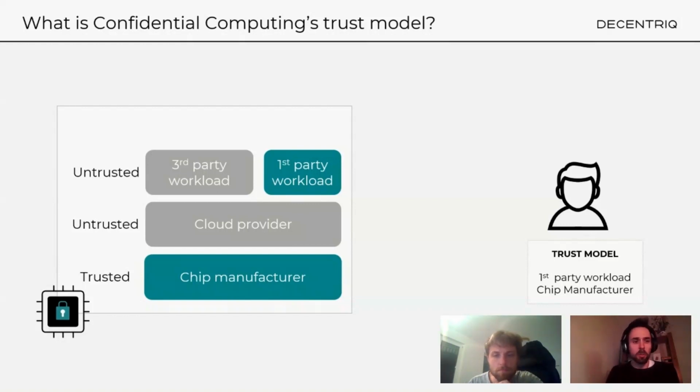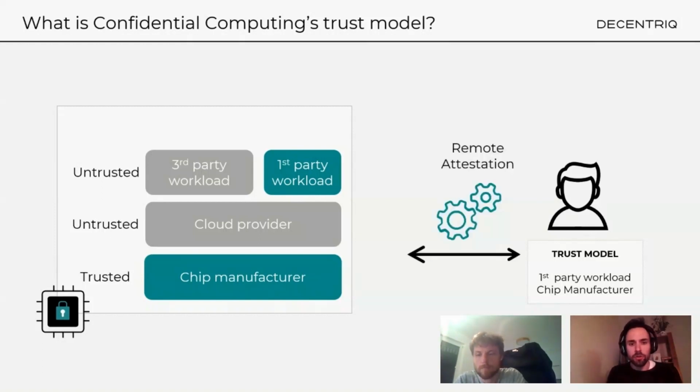So confidential computing offers you a way to take advantage of cloud computing while still keeping the strong security guarantees of a self-hosted, completely controlled platform. And the way it does that is through remote attestation.